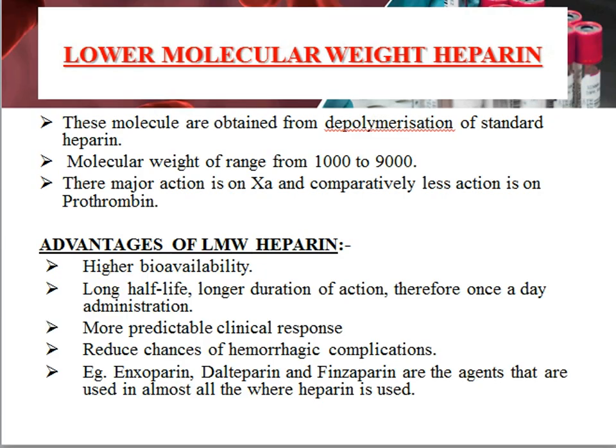Next is low molecular weight heparin. It is obtained from the depolymerization of standard heparin. The molecular weight is 1000 to 9000. Advantages of low molecular weight heparin: high bioavailability, longer half-life and duration of action, therefore once a day administration, and more predictable clinical response.